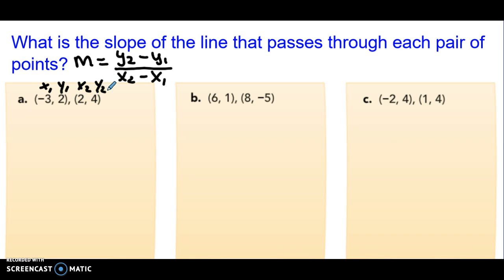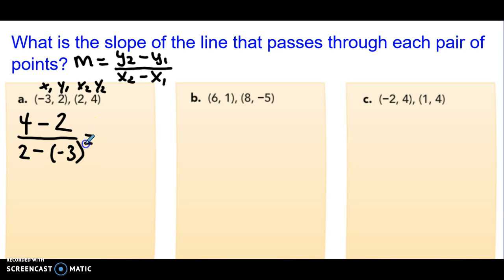Now let's set up our subtraction. Our y2 is 4, minus our y1, 2, over my x2, which was 2, minus my x1, which is negative 3.